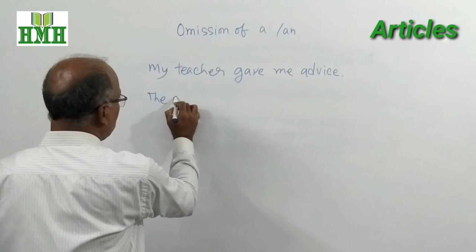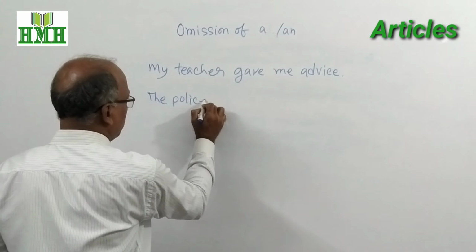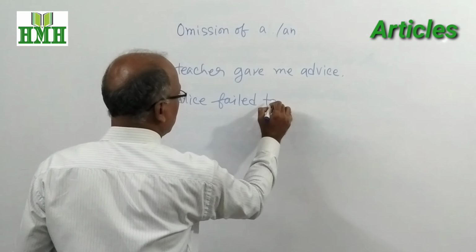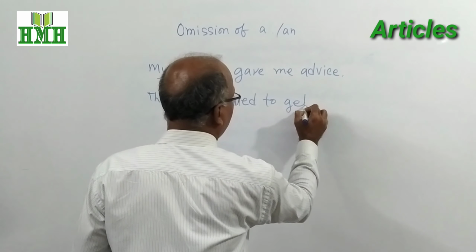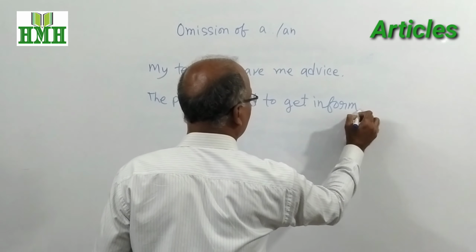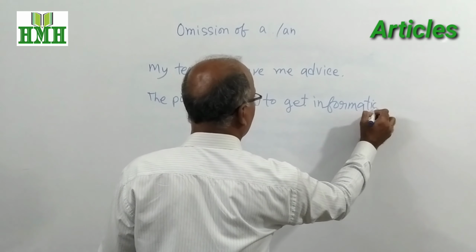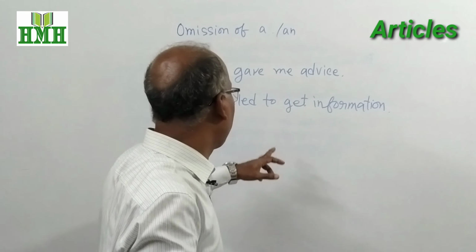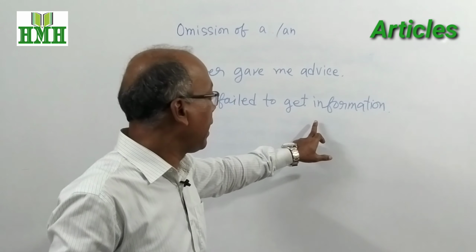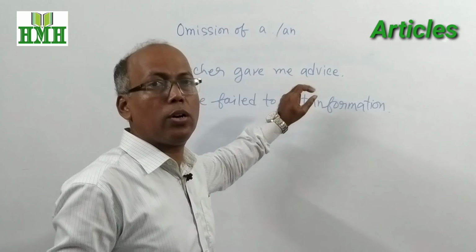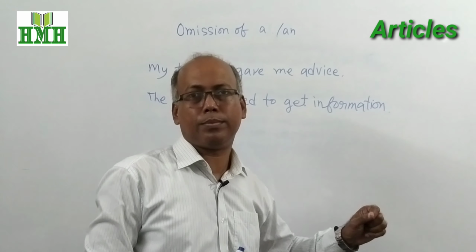The police failed to get information. We don't use any article A or N before information or advice because they are uncountable.